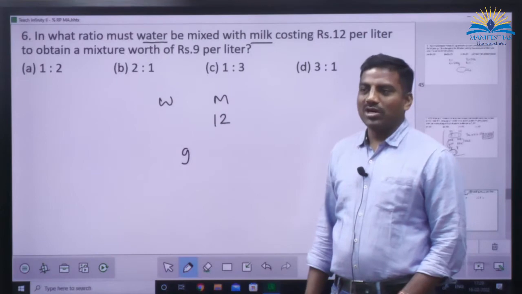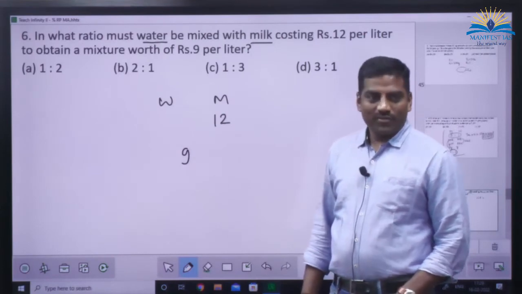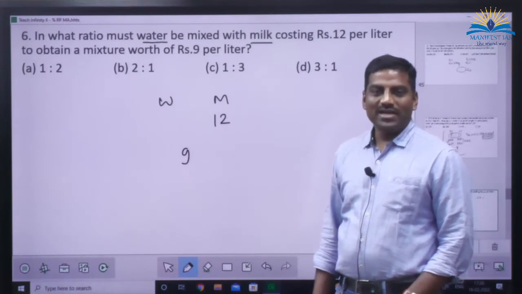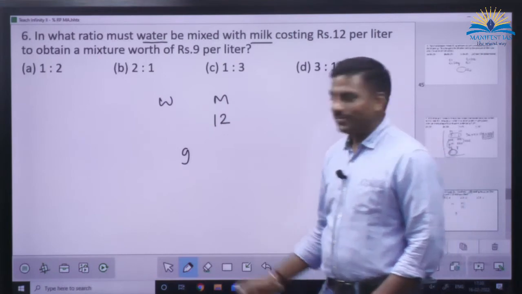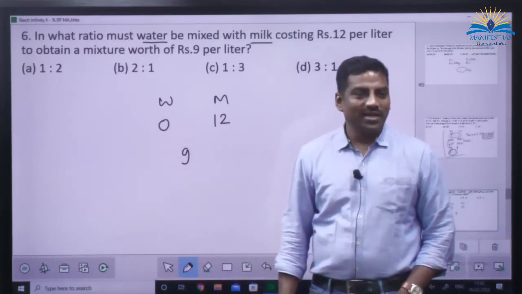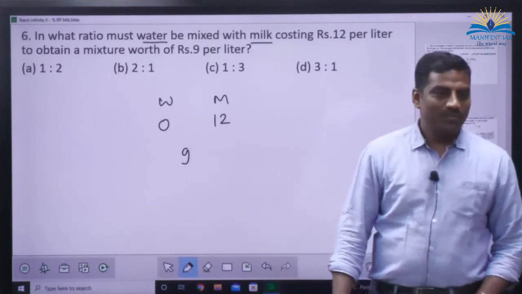Can we take the water as a variety of milk? Still, we can take it as the worst quality of milk. Can we take the price of the water as 0?